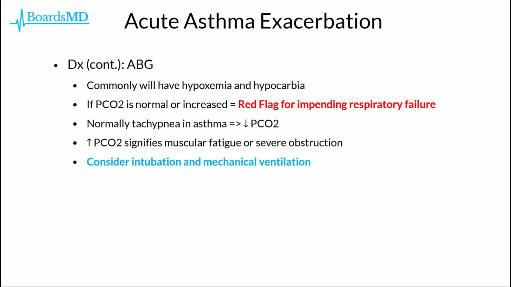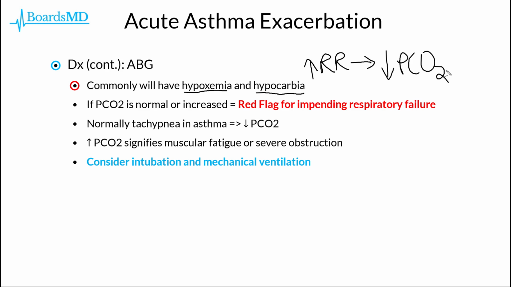Going a bit deeper into the ABGs that we would expect to see in our asthmatic patients, it is super common for our asthmatic patients in general to have some level of hypoxemia and hypocarbia. This hypocarbia is due to an elevated respiratory rate that we see in our asthmatic patients when they are in acute distress. This ultimately leads to them blowing off more CO2, thus resulting in hypocarbia.